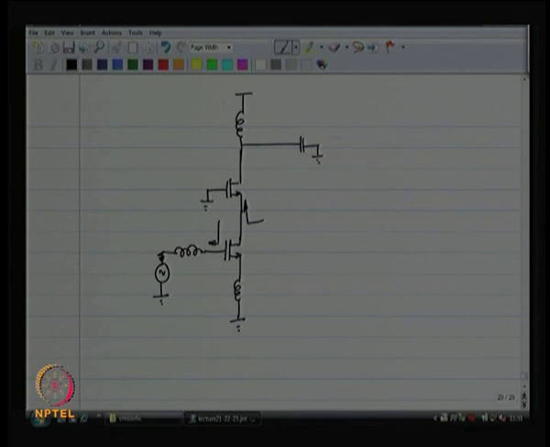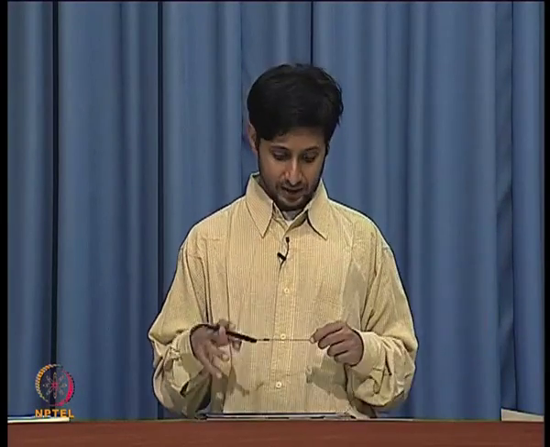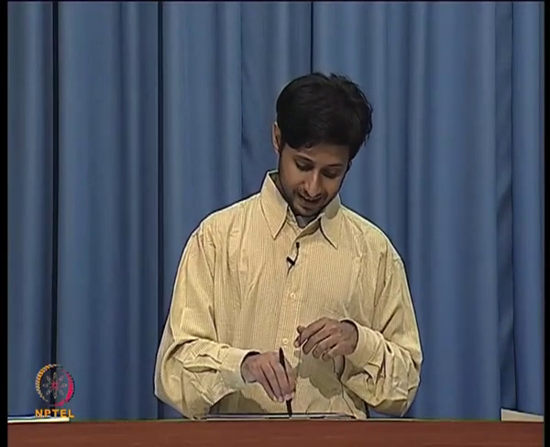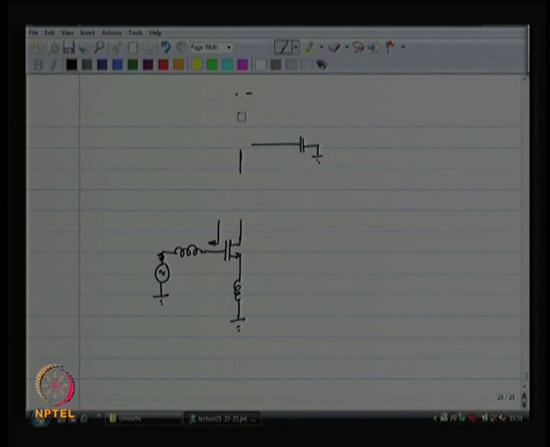Looking into the source of the cascoded MOSFET, let us say that you see 0 ohms. It is a very reasonable approximation. And so, what I am basically saying is that let us say that the second MOSFET is irrelevant, it usually is irrelevant.